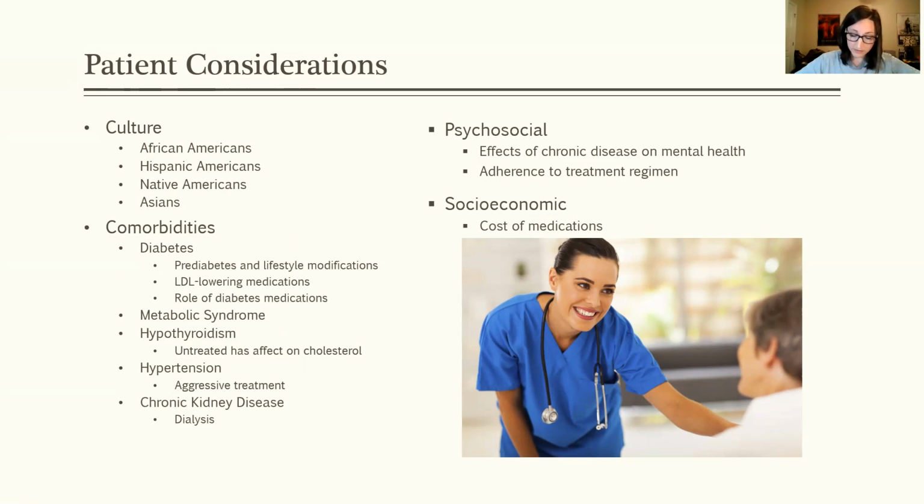Native Americans, it's actually been found that their cardiovascular deaths are increasing. I have seen where they have high rates of diabetes, which has a huge impact on cardiovascular health. So making sure that there's good education and follow-up on comorbidities in this population can really help get a grasp on their cardiovascular health.